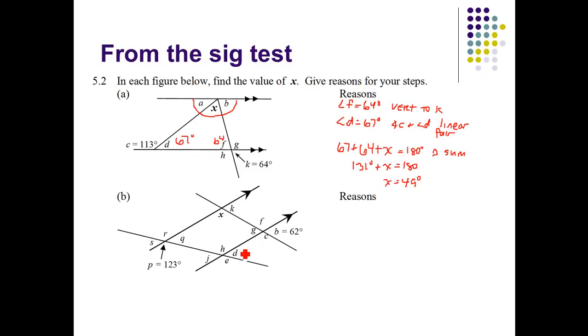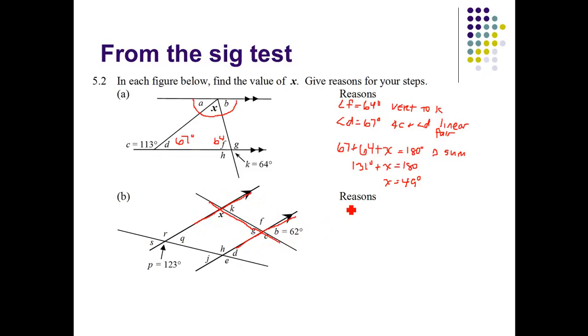Okay, for this other one, again, look for your parallels. I got a parallel here, parallel here. X is formed by the parallel line and this line. I'm using this part of the triangle again. So several ways you can do it.